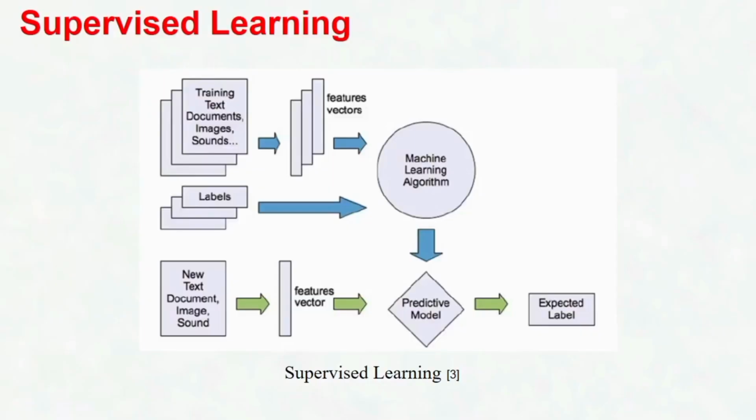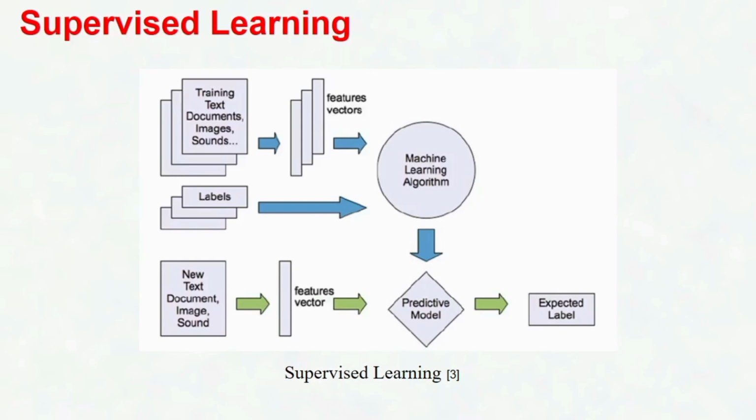So this is illustrated here. Let us assume the training text, document, image, or sound, from which the features are extracted, is given to the machine learning algorithm, and each input has a label associated with it.